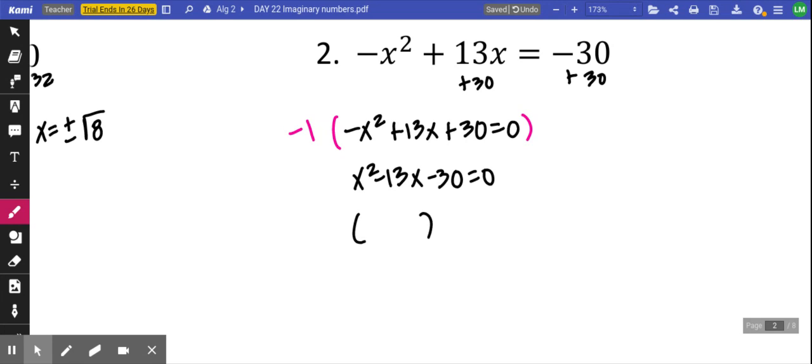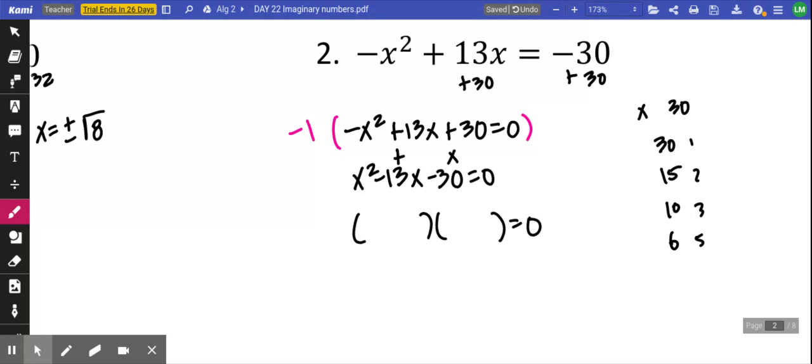Now I can factor, okay? We're factoring a trinomial into 2 binomials. I'm looking for 2 numbers that add to -13, multiply to -30. So I'm just going to list out what multiplies to 30. 1 and 30, 2 and 15, 3 and 10, 5 and 6. Now I'm going to look for which ones add to -13.